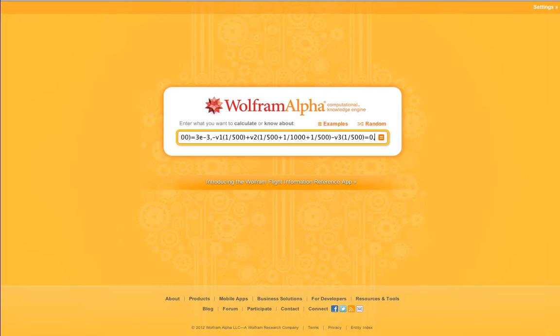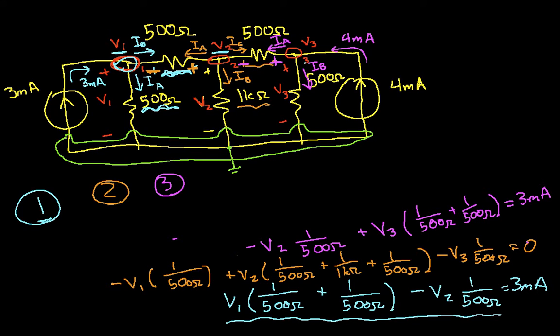Okay, so now we've typed in our second equation, and you'll notice that we separate equations in Wolfram Alpha by commas. So let's look at our last equation. It's this top one in pink. Minus V2 times 1 over 500 plus V3 times all the stuff there is equal to 3 milliamps. Whoops, and I made a mistake there.